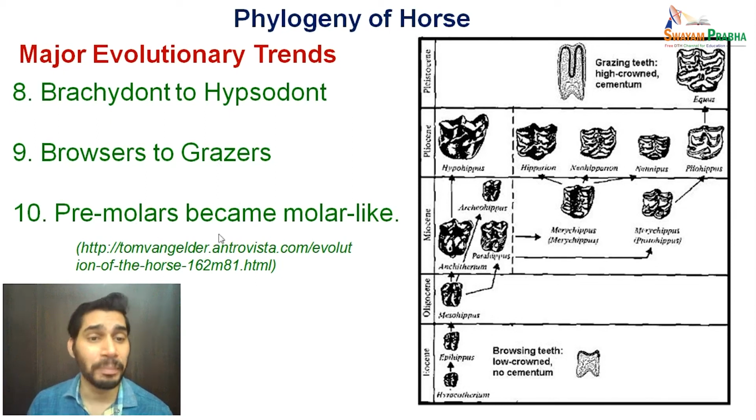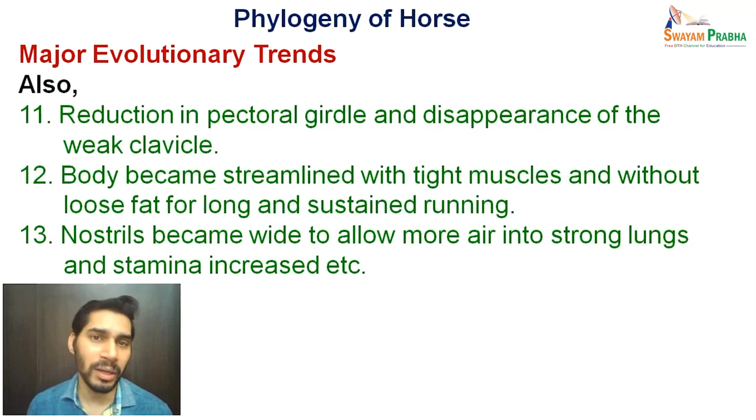Besides this, the premolars have become molar-like. So the molar form has evolved from the premolar kind of condition throughout the journey of evolution of the horse. Besides these prominent ones, there has been a number of changes.